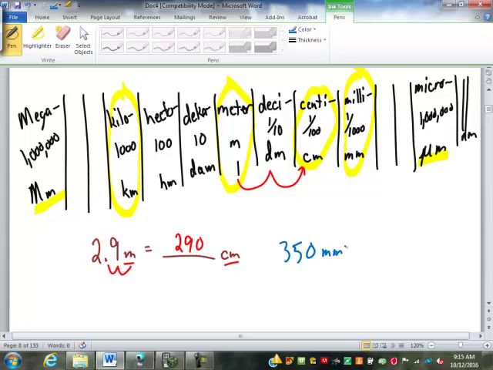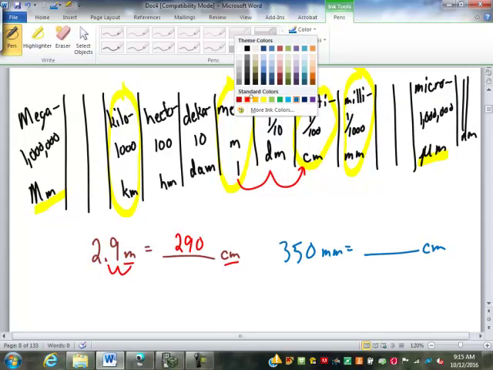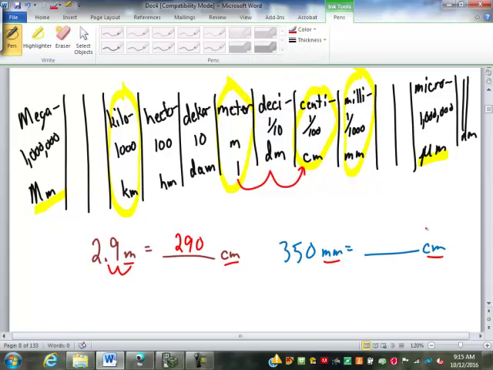If I have 350 millimeters and I want to go to centimeters, looking at my chart, to get from millimeters to centimeters, I'm going 1 spot to the left. My decimal goes 1 spot to the left. That's 35 centimeters.